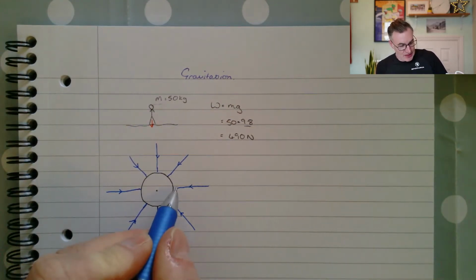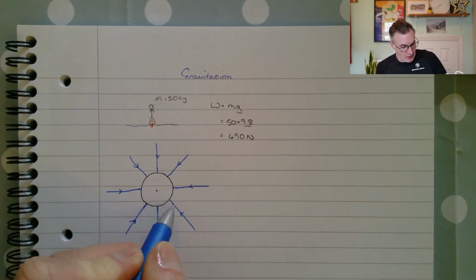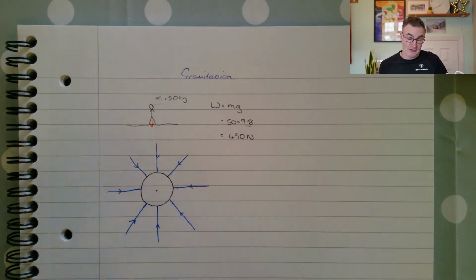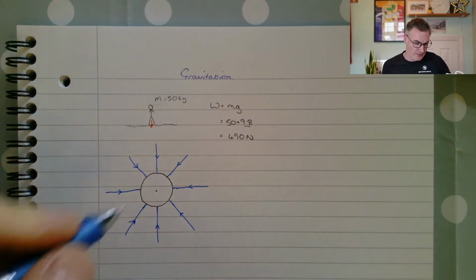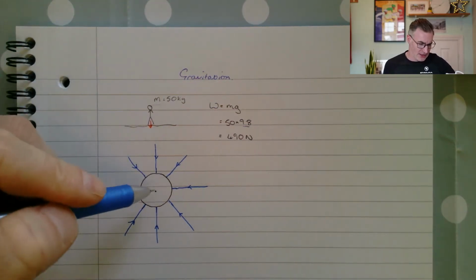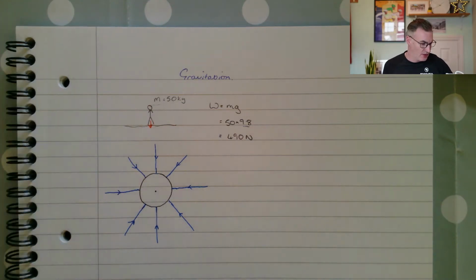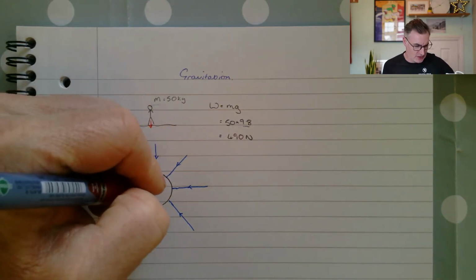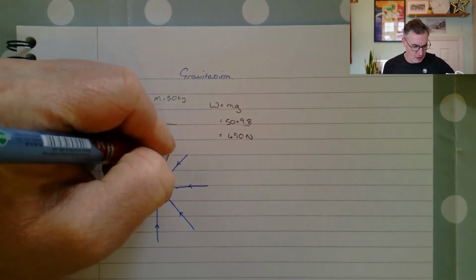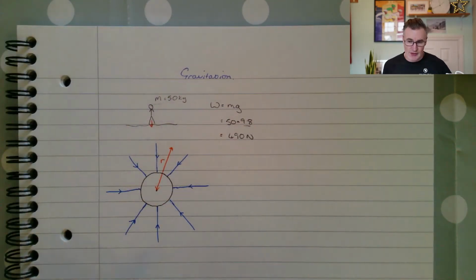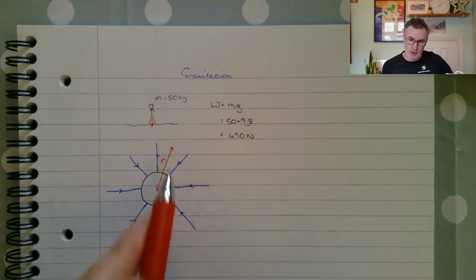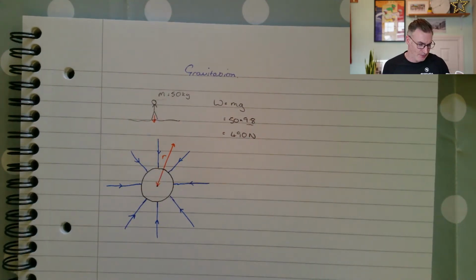Field line spacing, as before, gives an indication of gravitational field strength, so the further spaced the field lines are, the weaker the field. And what you'll find is that the further you get away from the centre of the Earth, and that's a key point, the further you get away from the centre of the object, the weaker the gravitational field becomes.